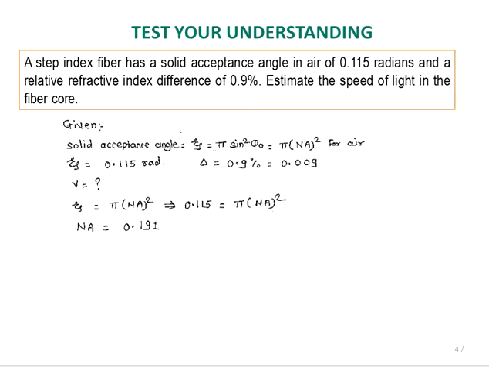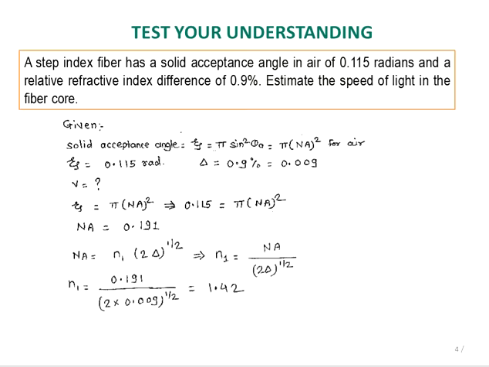So from the first equation, that is solid acceptance angle is equal to pi NA square, we get value of NA 0.191. Then the relation between NA and delta and n1 is given by NA is equal to n1 (2 delta) raised to 1 by 2. So if I simplify the equation, n1 is NA divided by (2 delta) raised to 1 by 2.